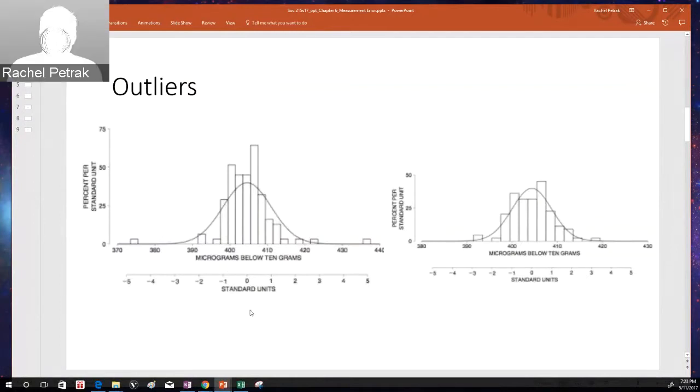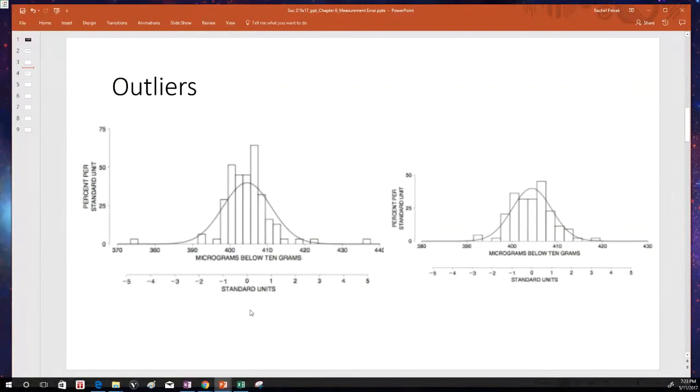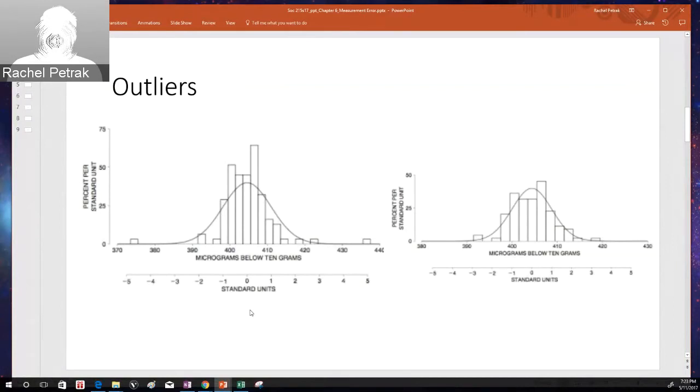When we take a series of measurements, we have almost always an issue of outliers. Outliers are scores that are far beyond the spread of the rest of the data.